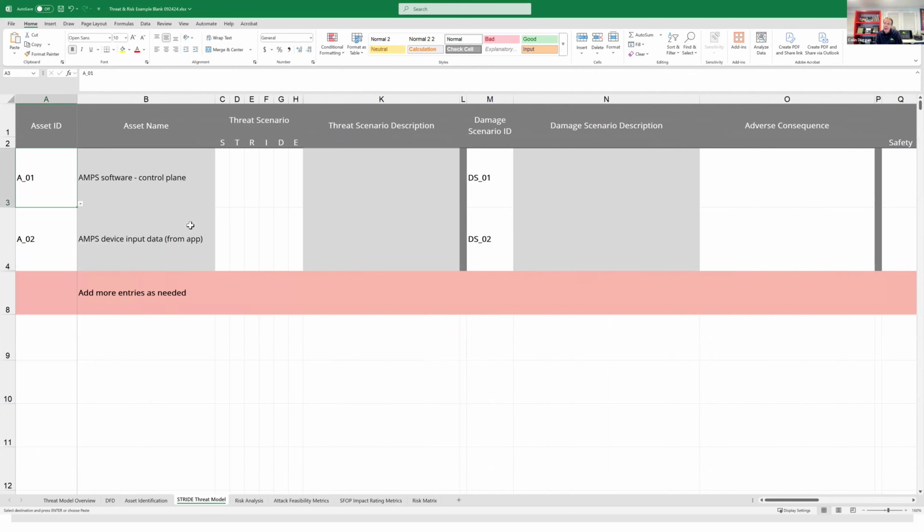It's not the only thing that we rely on, but when you're trying to come up with the possible ways that an attacker could potentially threaten your design, it is helpful to go through each of these categories that Milton defined, spoofing through elevation of privilege, to consider how could the asset, in this case, the software in the embedded device, be impacted.